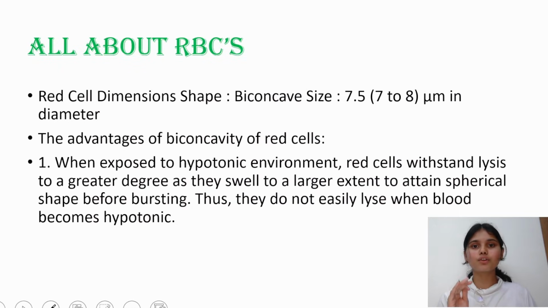It can endure a huge amount of resistance before it bursts. Thus, they do not easily lyse when the blood becomes hypotonic. Hypotonic means lesser concentration, that is more watery fluid, which tends to seep into the RBCs. RBCs become huge and spherical.